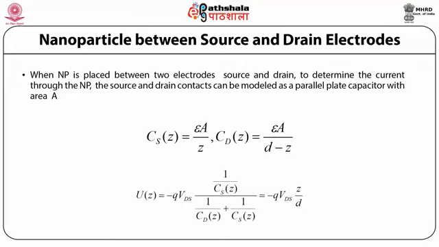So UZ equal to minus Q VDS multiplied by 1 by CSZ divided by 1 by CDZ plus 1 by CSZ, equal to minus Q VDS Z by D.